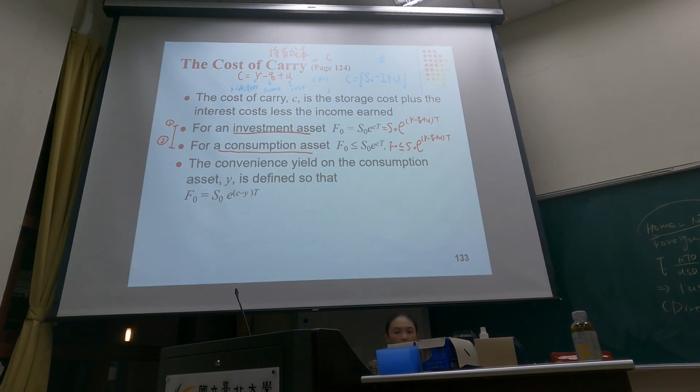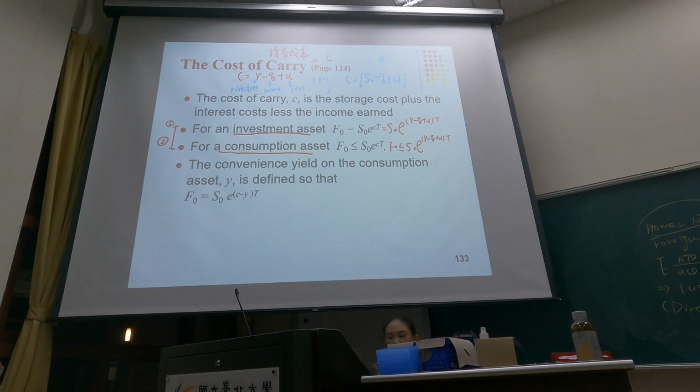We went through this already. So far so good? That C is what we call cost of carry. When you carry the spot position, all the income and cost are incurred in this position. Are we okay with that?